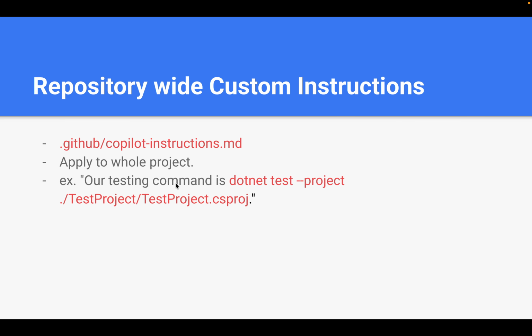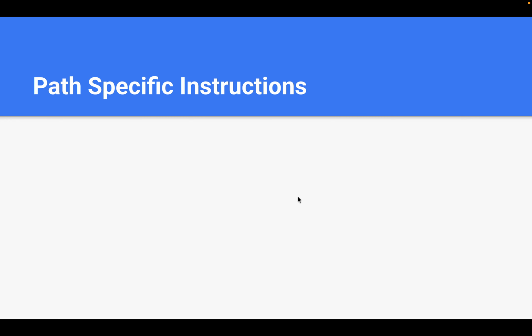And this will help Copilot, whenever you prompt something in the future, like build this project for me, or run all my unit tests in this project, it will refer to this file and use this command to build the project.